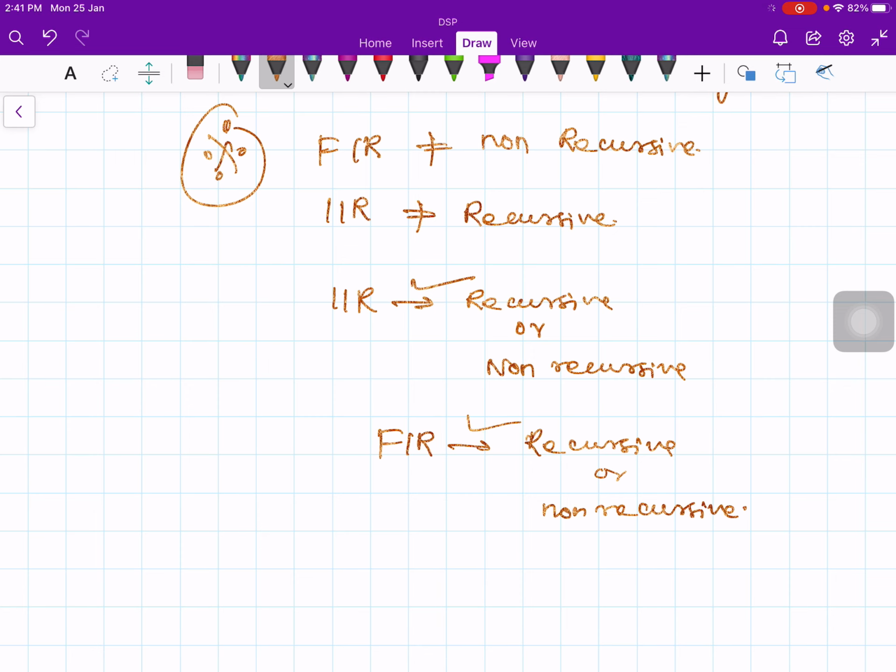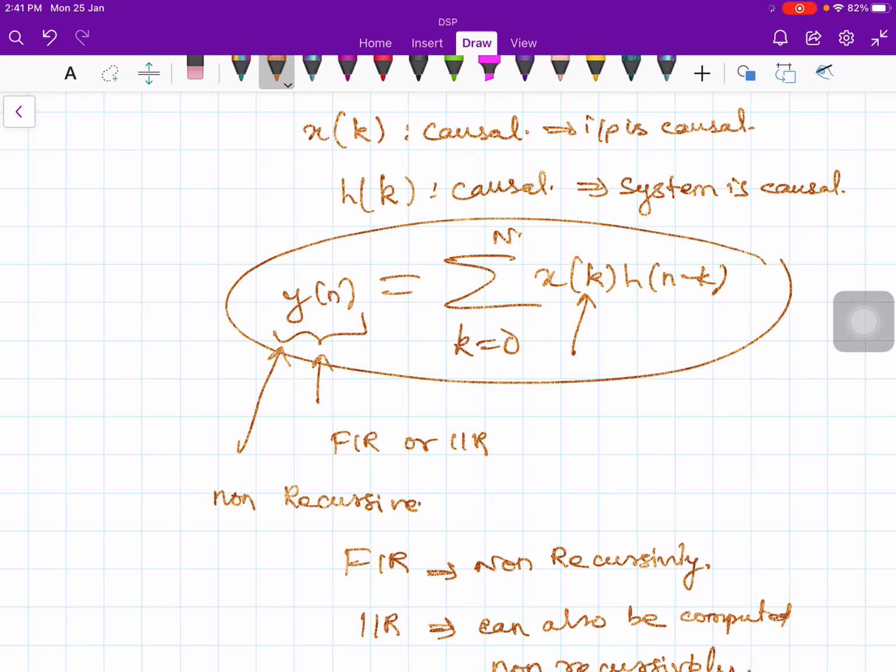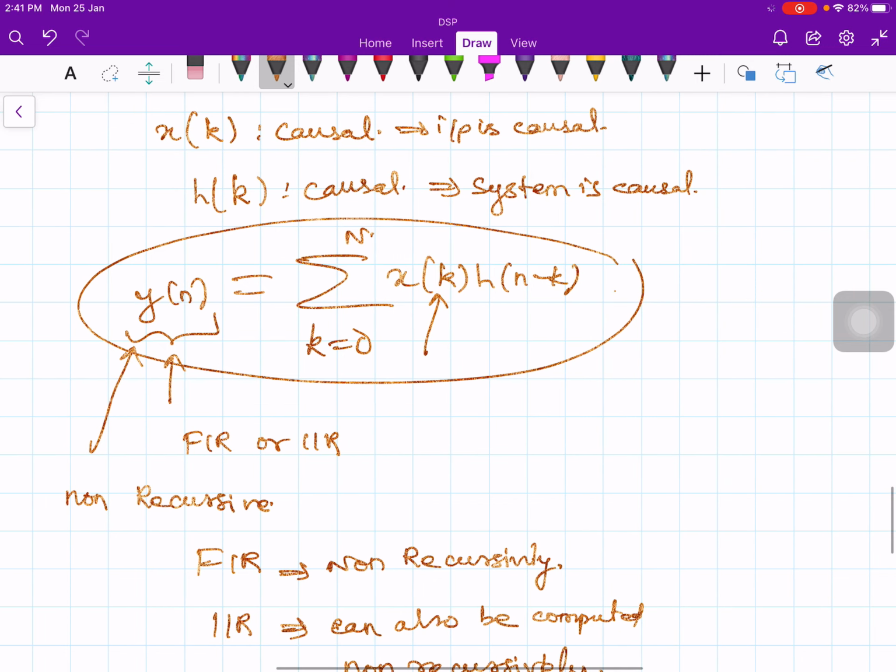And as I told you, this convolution operation, y of n equal to x of k convolved with h of k, does not make any distinction between FIR and IIR. You can use this formula for both.